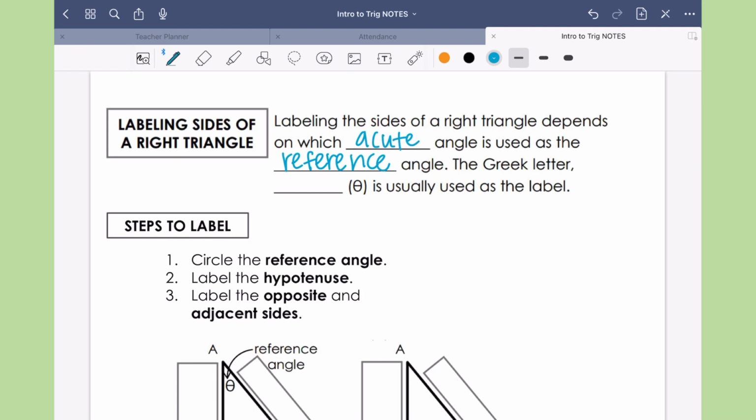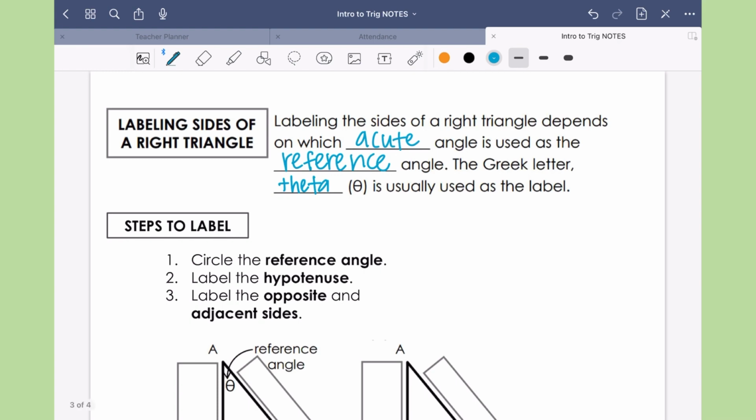And it literally tells you it has to be an acute angle. The problem will always give you this reference angle, and you'll hear this word all the time, reference angle. Who's your reference angle? You'll just look at your problem and look at it. And then that's why we need the theta. The theta is the letter we use to represent that angle that they give us.